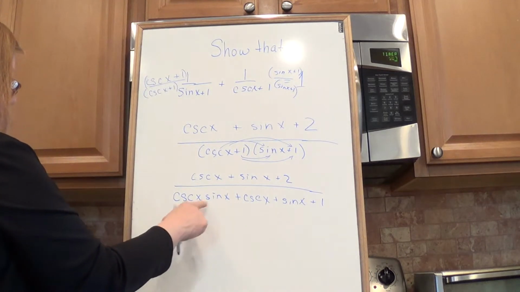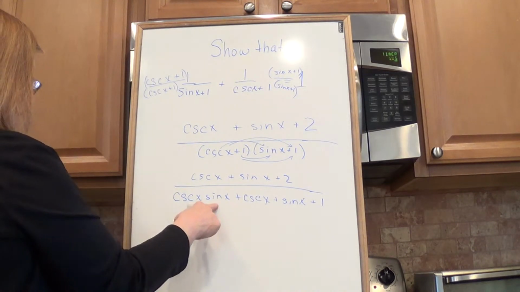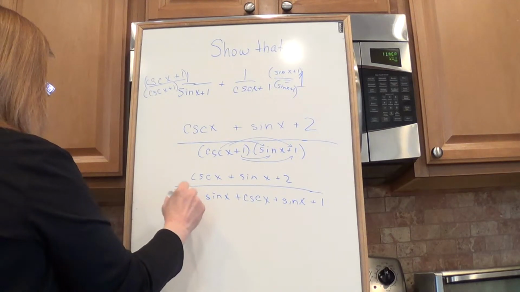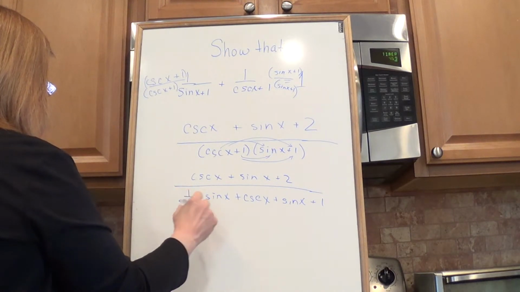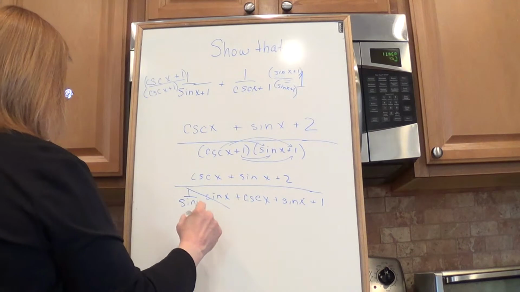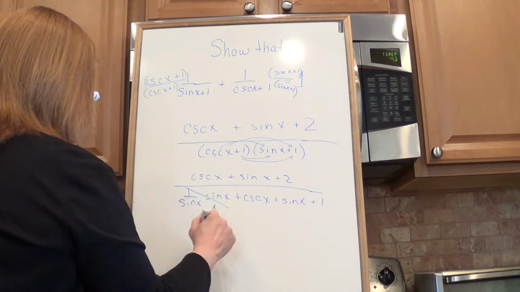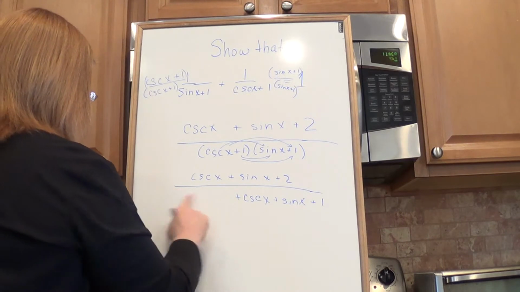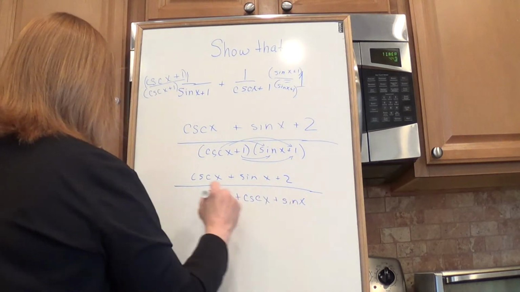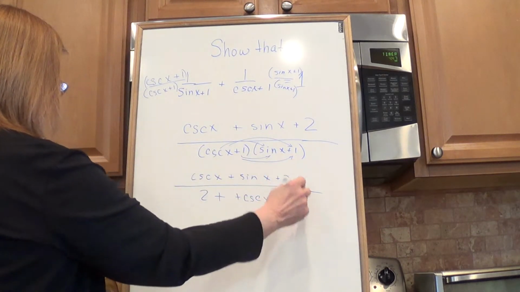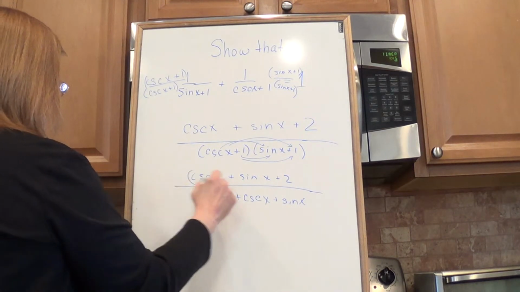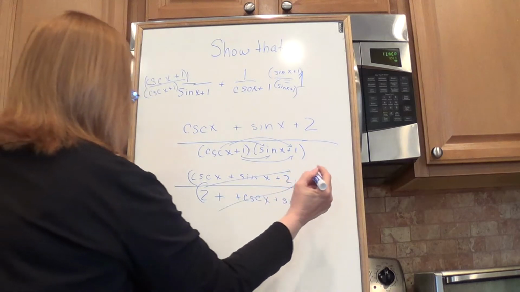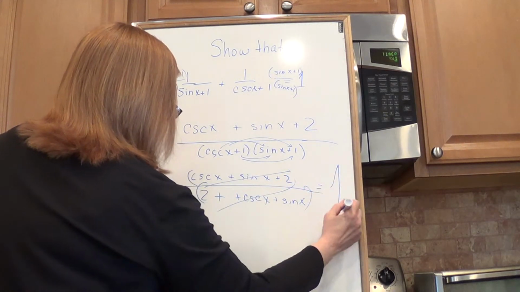So cosecant x times sine x, well that's cosecant is 1 over sine. So what's 1 over sine times sine? It's just one big fat 1. So, and this 1 combines with that 1 to give me a 2. And look at that, the top and the bottom are completely the same. So they can cross out and give me a big fat 1.